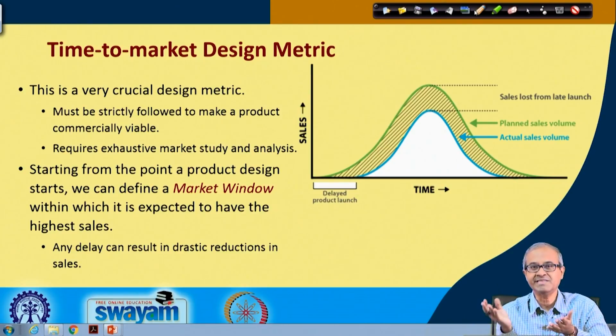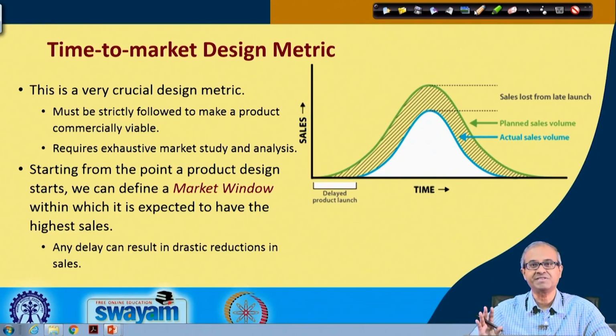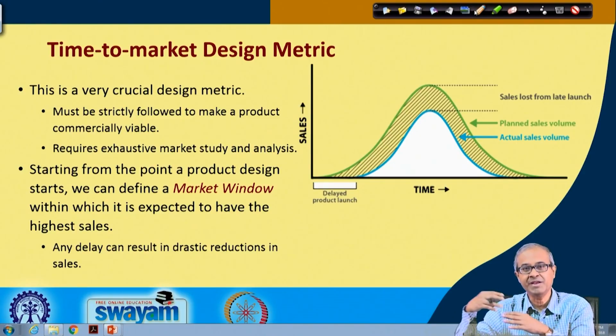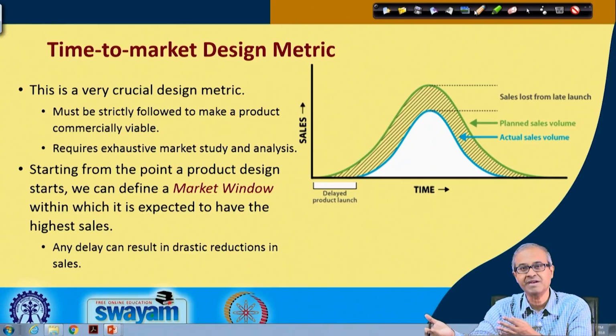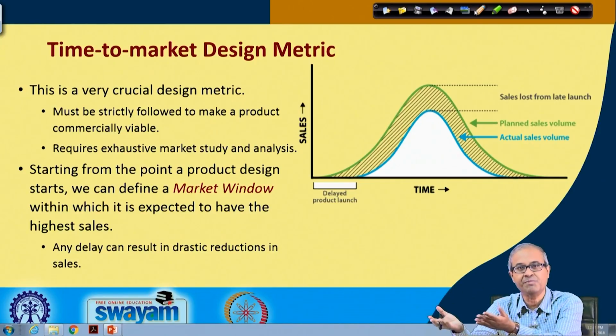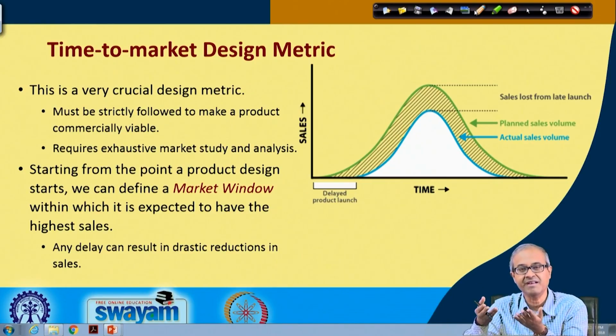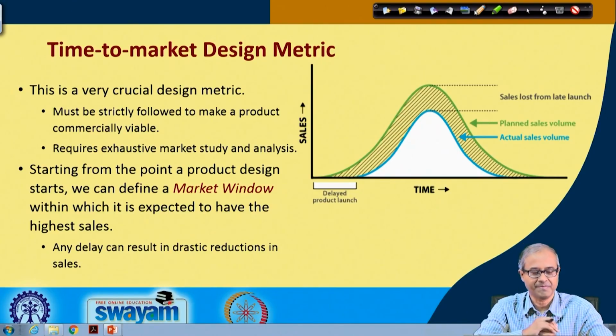So, marketing is the most important issue for any company. The quality of the product becomes secondary. Many companies compromise on the quality of the product in order to bring it to the market earlier, so that they can reap greater profit out of it.